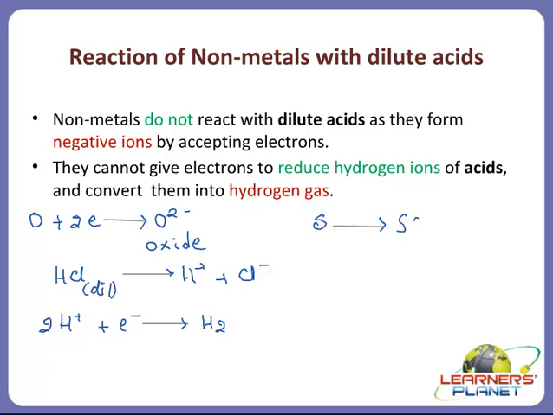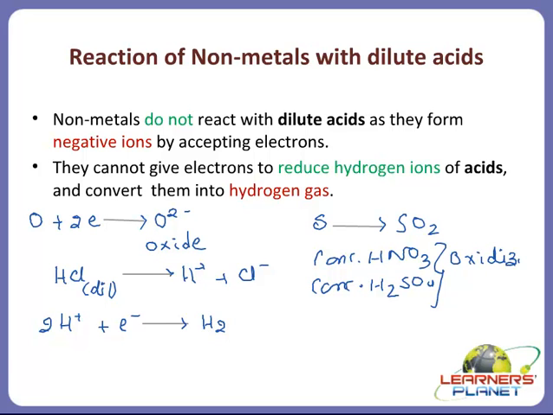By what? By an acid, that is a concentrated nitric acid HNO3 or concentrated sulfuric acid H2SO4. Now these both acids, they act as what? They act as oxidizing agents.